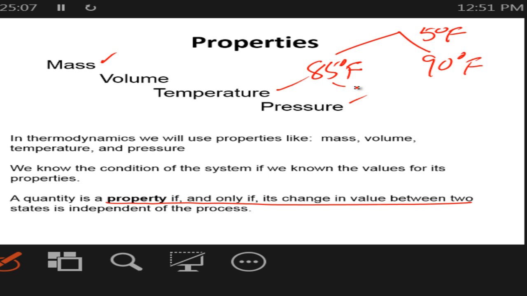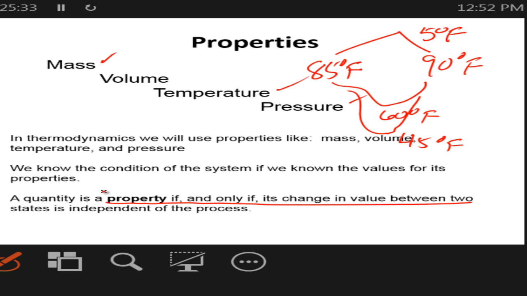Does it matter if it got down to 60 degrees at night, or 45, or 30 degrees last night? Does it really matter if I just want to know the difference between the hot of the day, between yesterday and today? It really doesn't matter what happened during the night. That's why it's a property. Okay?